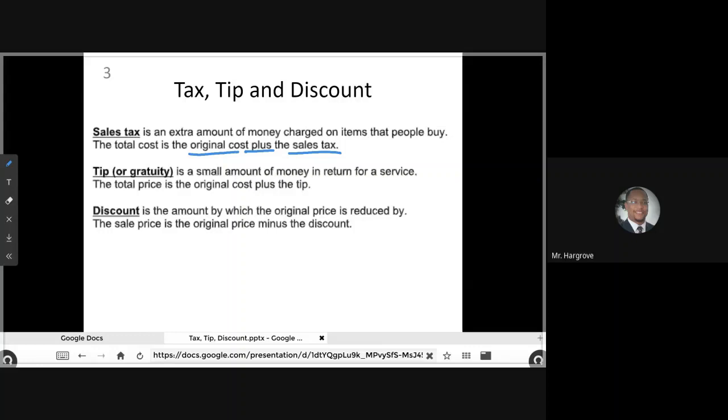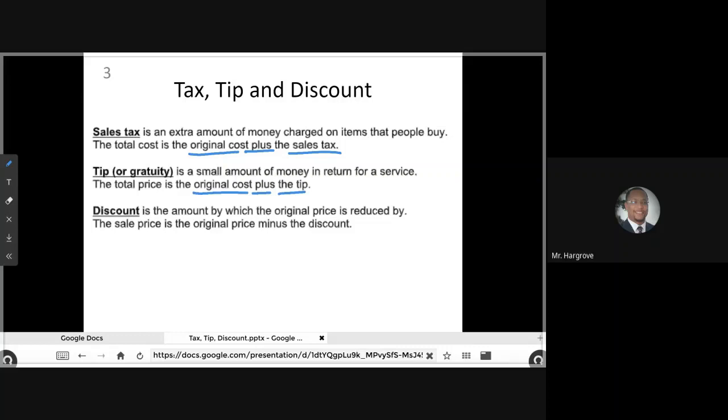The total price is the original cost plus the tip. So it's similar to sales tax in that to find the total, you do the original plus the amount of the tip. So you have to, again, answer the question. Is the question asking you just to figure out the tip amount, or are they asking you to figure out the total price after the tip is added? So always answer the question.